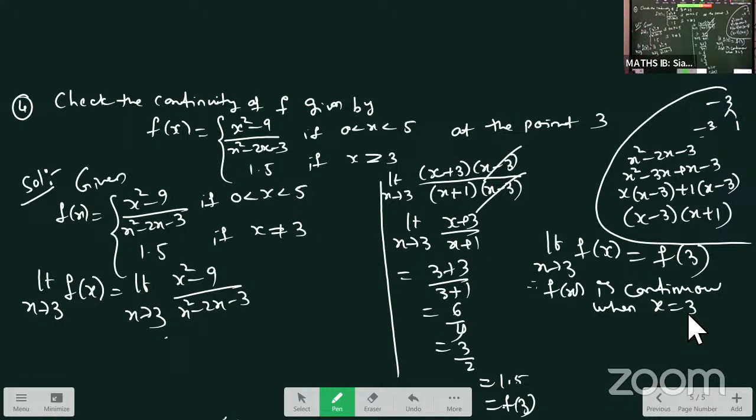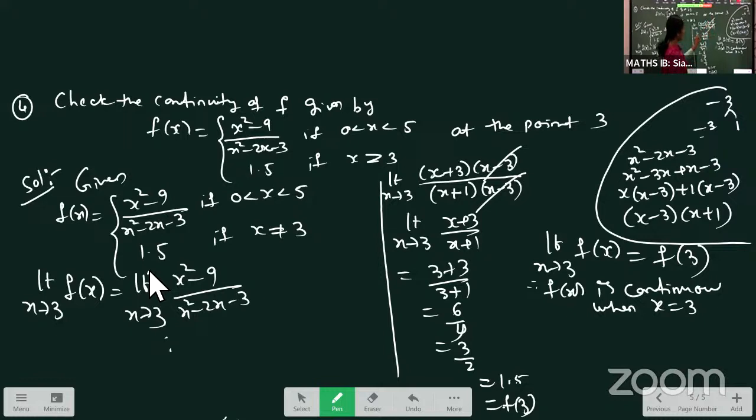Once again, come to this question. We have to check the continuity at the point x is equal to 3. If we substitute directly x equal to 3, we are getting 0 by 0 form. It is indeterminate form. For that, we have to find the factors, or go for the simplification. So x square minus 9 can be written as x plus 3 into x minus 3. And denominator is quadratic, so write the factors x plus 1 into x minus 3. Both x minus 3 get cancelled.